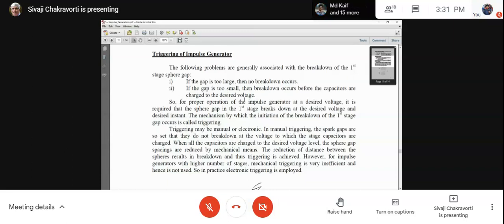One thing I have already said, that there has to be a graded value of the sphere gaps. The first stage gap will have the minimum value, then gradually it will increase, and the last stage will have the highest value. But then, how do I trigger the first stage at the desired instant and the desired voltage?